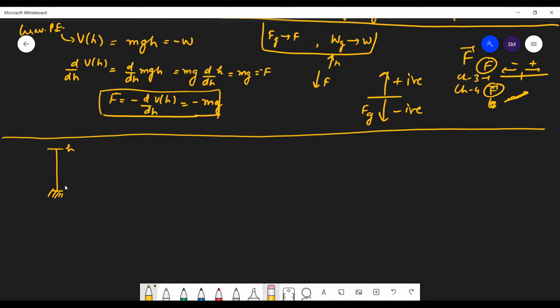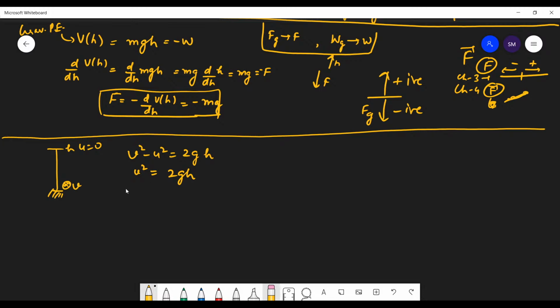It is going to hit the ground with velocity v. So here the velocity was 0 and the ball hits with velocity v. Now we know the formula, v square minus u square is equal to 2gh. So u is 0, so v square is equal to 2gh.